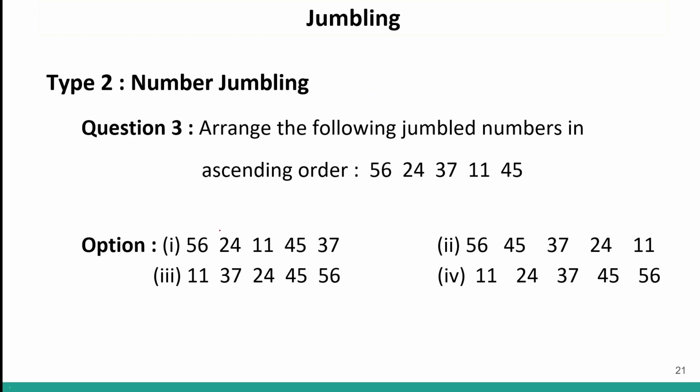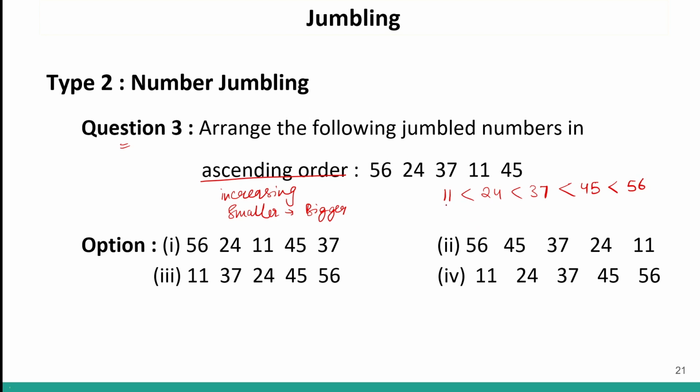Okay? Now, question number 3. Arrange the following jumbled numbers in ascending order. Ascending means increasing order, from smaller to bigger number. Okay? So, the smaller number will be 11. 11 is smaller than 24, which is smaller than 37. 37 is smaller than 45 and this is smaller than 56.